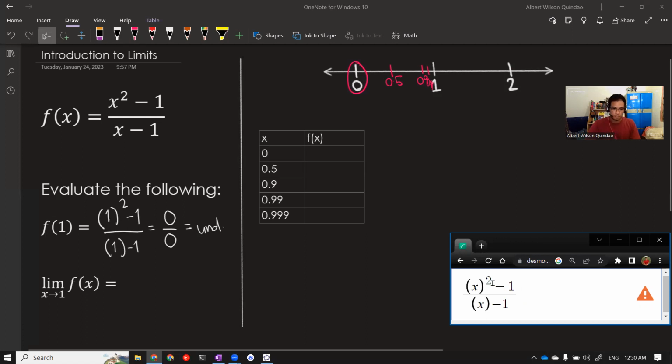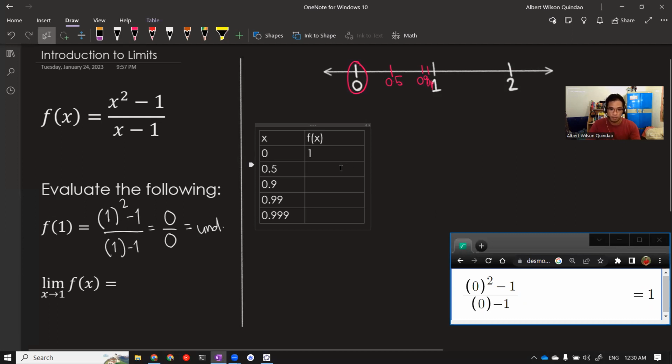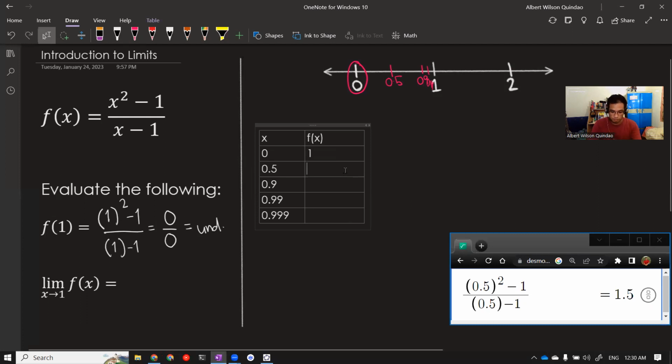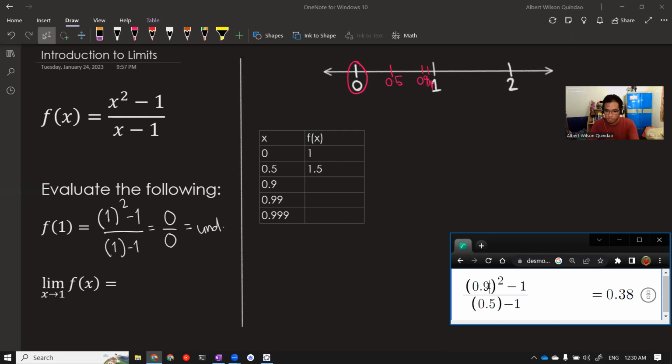So first, if x is equal to 0, as we can see, the function value is equal to 1. So lagay natin si 1. Paano naman kung ang x ay 0.5? Pag ang x ay 0.5, ang function value naman natin ay 1.5. Okay, so let's continue. How about kung 0.9 pala ang value ni x?